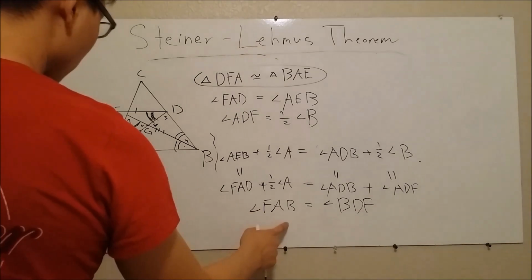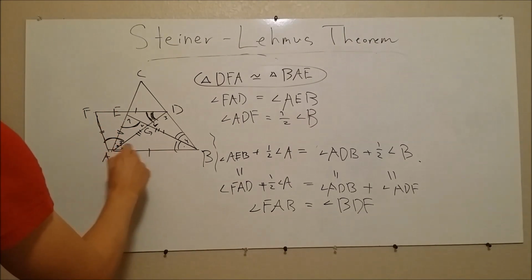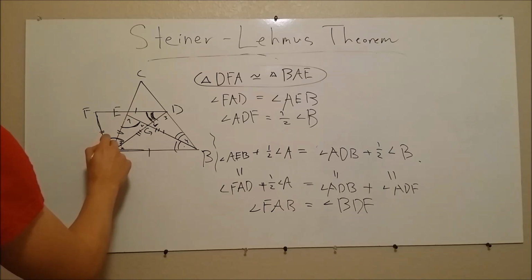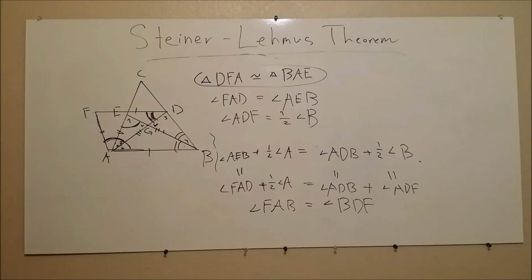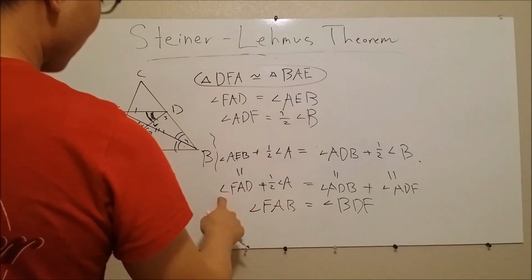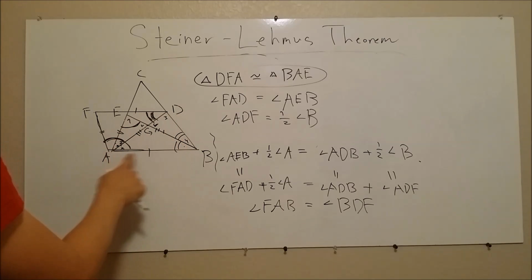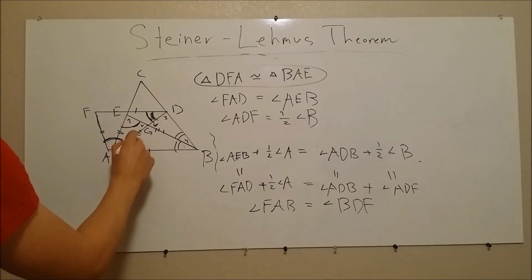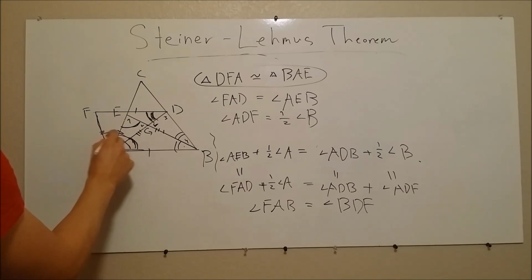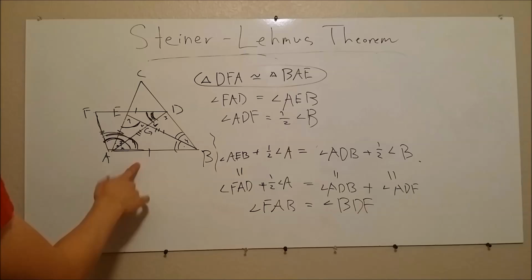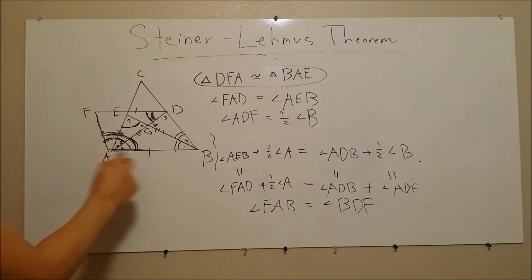Now what is angle FAB? Angle FAB is this angle right here, this entire big angle. And all we're doing here is rewriting this top part, which is FAD and half A. So we have half A here and angle FAD here, and you can easily see it's just the entire angle FAB.